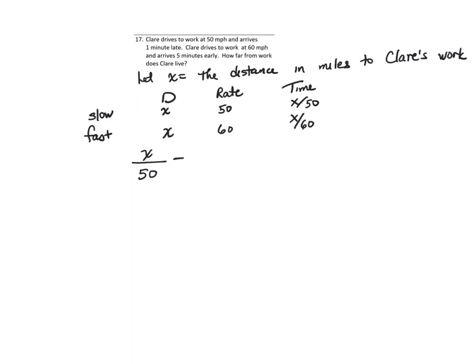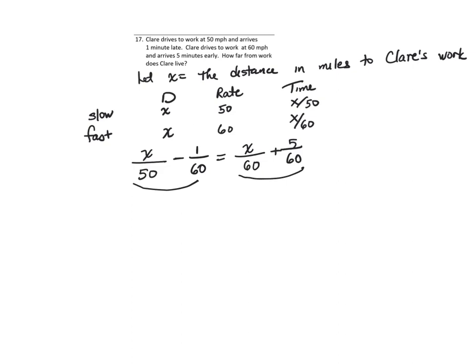So we could represent that as 1 minute over 60 minutes. So that would be the time traveling at the slow rate. If she travels quickly, she arrives 5 minutes early. So if we take the time it takes her to drive quickly, we would add 5 over 60 on this side. So if we think about it, this side time should be the same as this side's time.